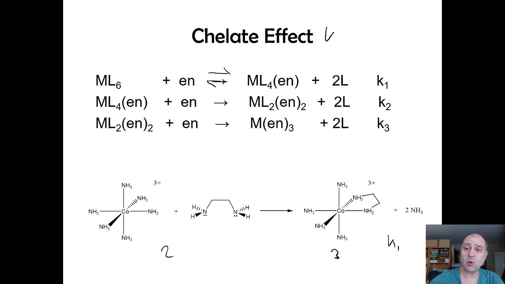However, K1 is always larger than K2, which is larger than K3. So we just have a little bit less of the triply substituted complex, with all 6 sites of the octahedron occupied by a chelating ligand.